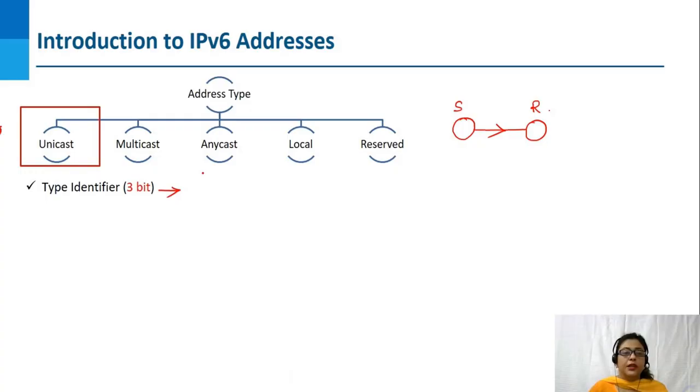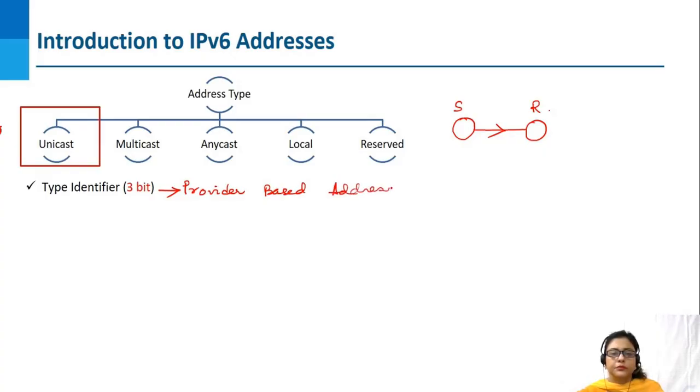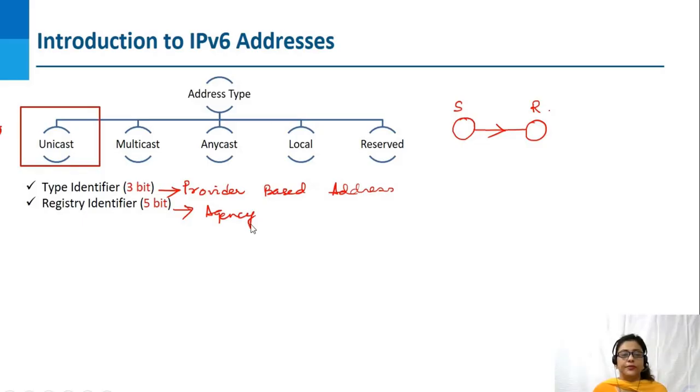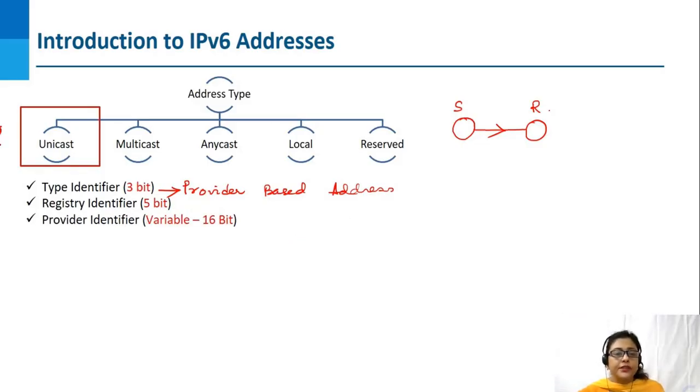We start with the type identifier, which consists of 3 bits and defines the provider base address. Next is the registry identifier. It consists of 5 bits and defines the agency that has registered. Next we have the provider identifier. It is variable and roughly consists of 16 bits. It defines the provider, for example the Internet Service Provider or ISP.